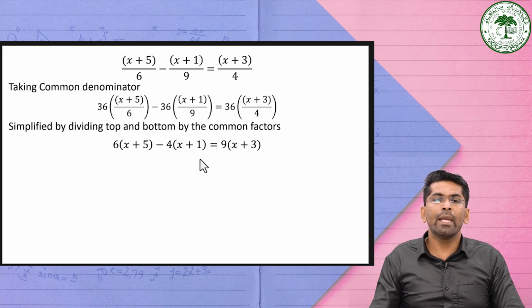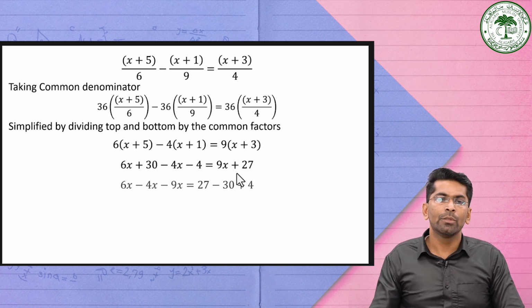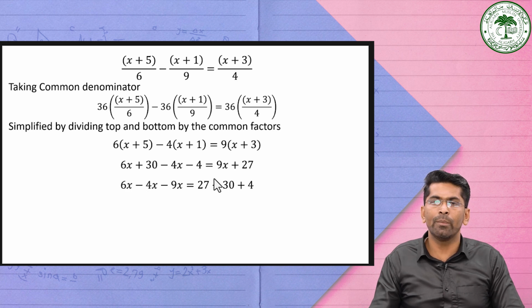Now we can open the brackets by multiplying the outside term. So 6 into x plus 5 is 6x plus 30, minus 4x minus 4, which is equal to 9x plus 27. Simplify by taking the x terms into the left hand side and constant terms into the right hand side.